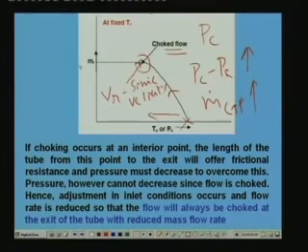This is known as choking, and if choking occurs at an interior point, the length of the tube from this point to the exit will offer frictional resistance, and pressure must decrease to overcome this. However, pressure cannot decrease because flow is choked, hence an adjustment in inlet condition occurs and flow rate is reduced, so that the flow will always be choked at the exit of the tube with reduced mass flow rate.